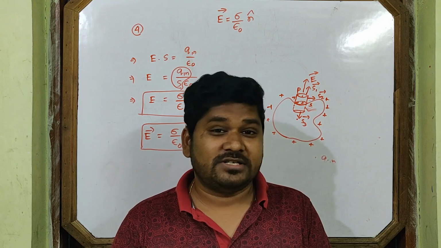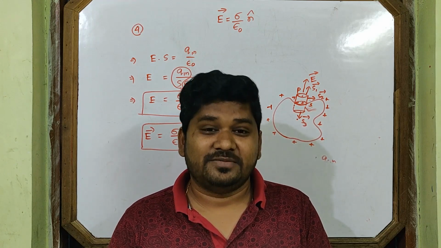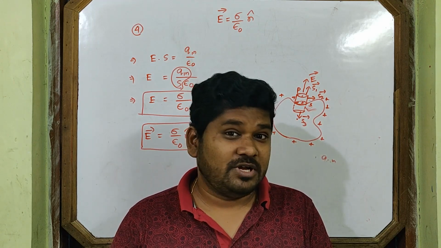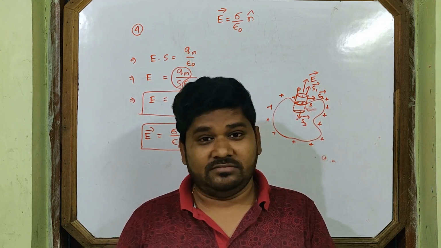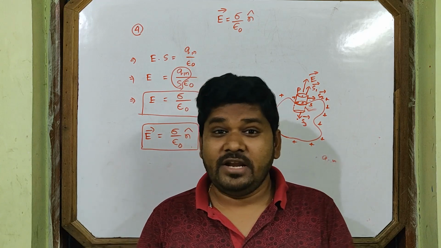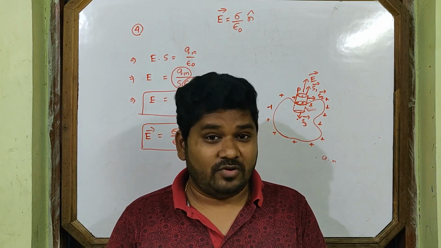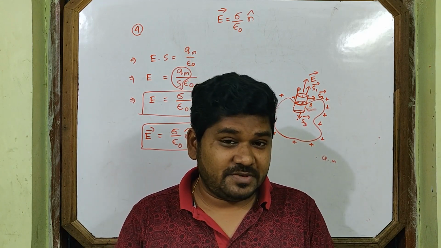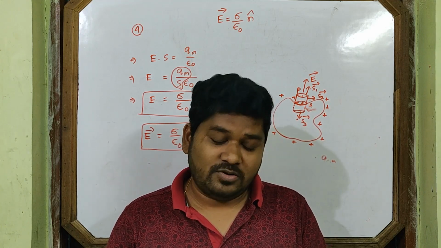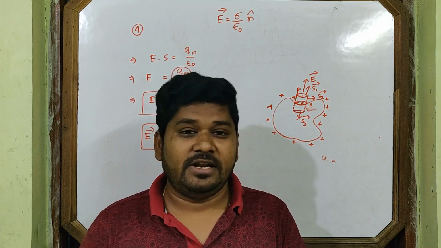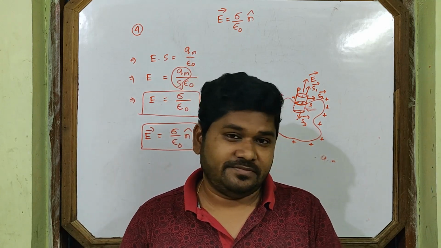They will be present on the Gaussian surface, and the electric field on the surface will be 0, because you know charges present on the surface are not taken into account in Gauss law. So I told you, because I choose the Gaussian surface just outside. So always you will take just outside the surface of the conductor, the electric field is sigma by epsilon naught.